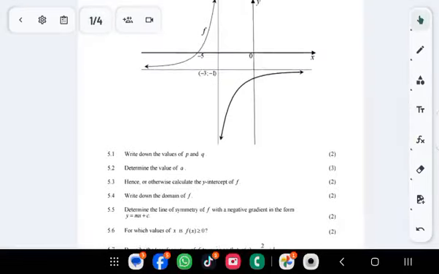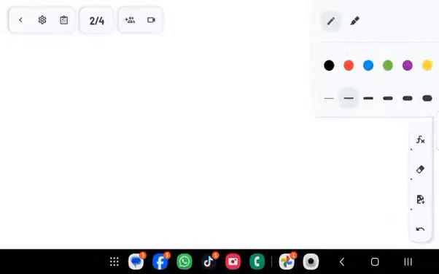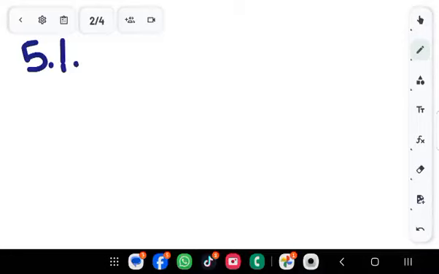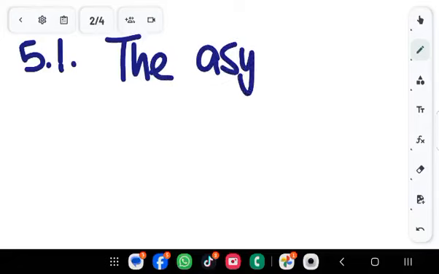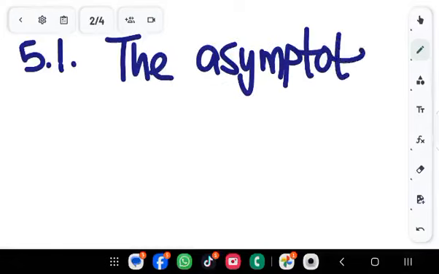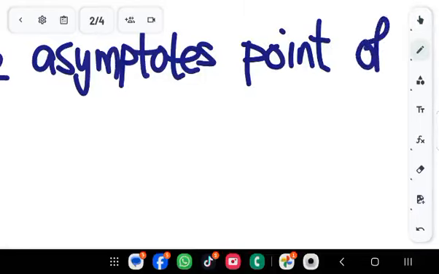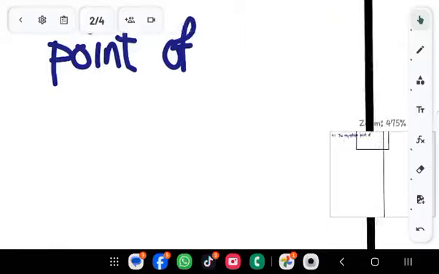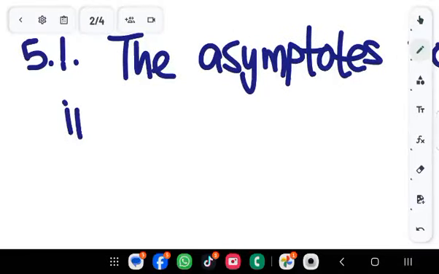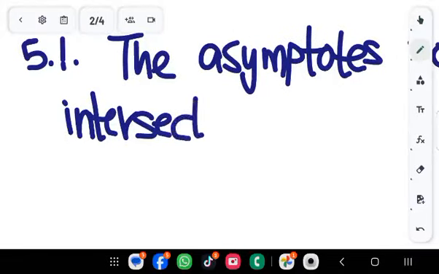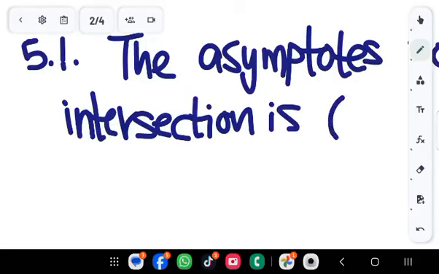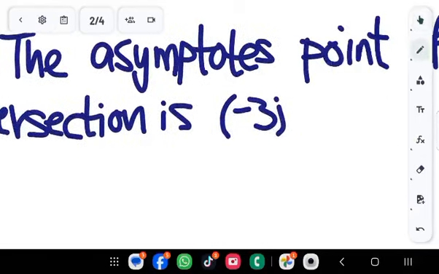Now the values of p and q are very easy to figure out now that we know the point of intersection of the asymptotes is (-3; -1).